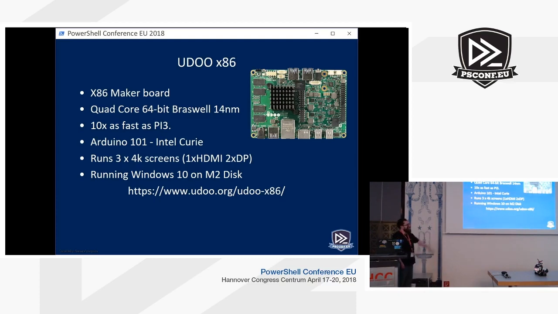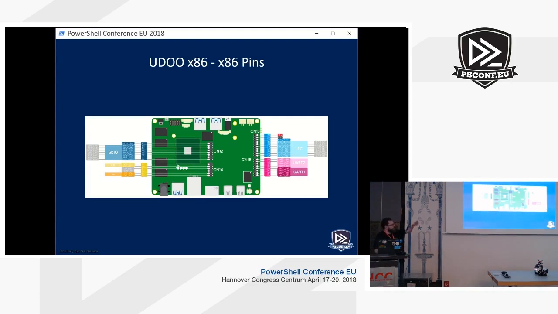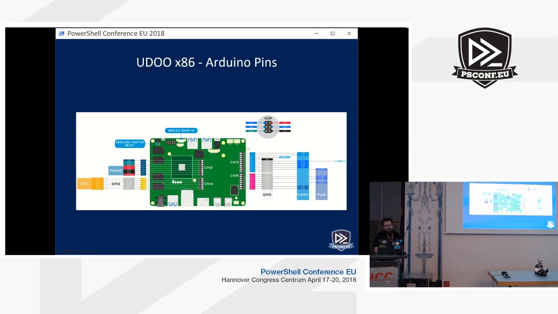And it actually has 3 digital outs, so you can put 3 4K screens on it. So it's actually a pretty powerful little device with an M.2 disk in the bottom of it. And we'll turn that on again. So that's what I'm using, and as I said, it has pins out for Intel x86 input-output, but also Arduino pins.